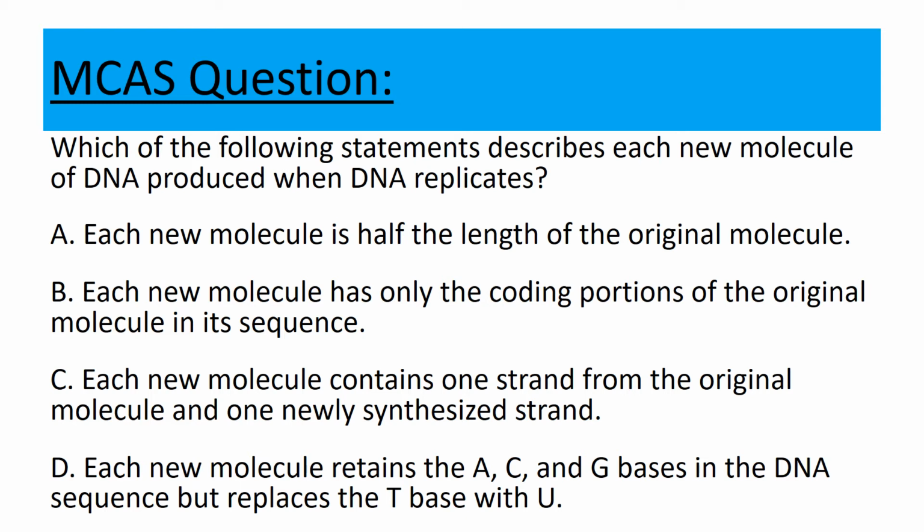B, each new molecule has only the coding portions of the original molecule in its sequence. C, each new molecule contains one strand from the original molecule and one newly synthesized strand. Or D, each new molecule retains the A, C, and G bases in the DNA sequence, but replaces the T base with U. And the answer is C. Each new molecule contains one strand from the original molecule and one newly synthesized complementary strand.